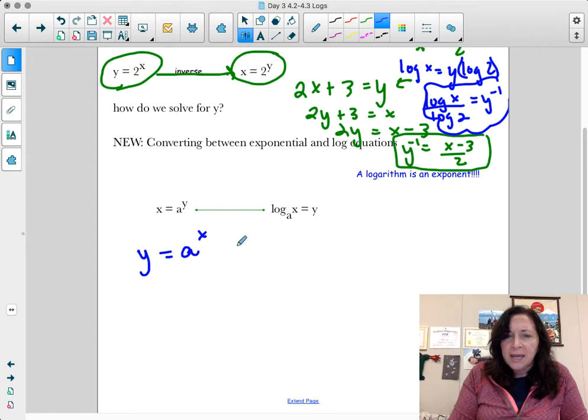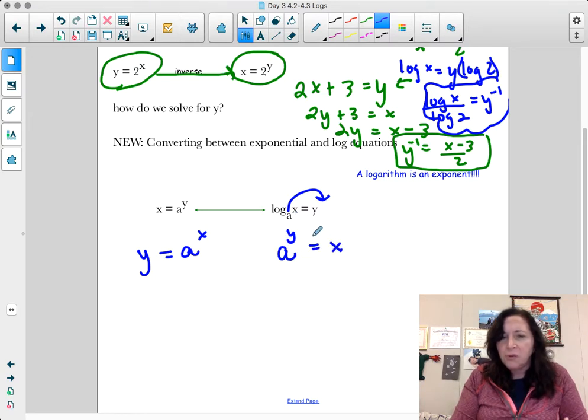Now, again, remember what I had just said on the previous slide. You take the base and go across the equal sign to the answer. So you would have a to the y power is equal to the argument, which is x, base going across the equal sign. Now, if I wanted to solve this, I would pull this forward.